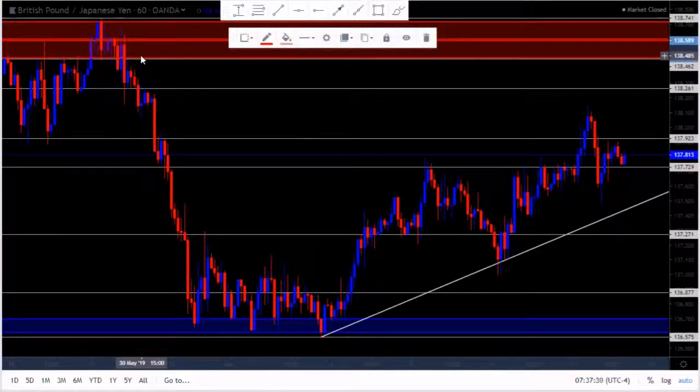Now, notice something, and it doesn't always happen like this, but notice how this 1 to 1 risk reward measured move comes right to your next level of support and resistance. So right here at this level, if you're going to do a 1 to 1, this would be your take profit. So you just go to the right and you put in the price that you see there, okay?